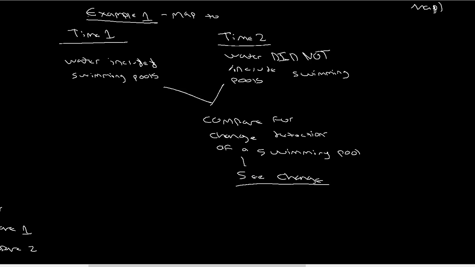The swimming pool most likely didn't go anywhere. It's still the same surface feature, still a swimming pool. Nothing fundamentally changed. Just based solely on the definition of what water means here and what water means here, we're going to see change when there isn't change.